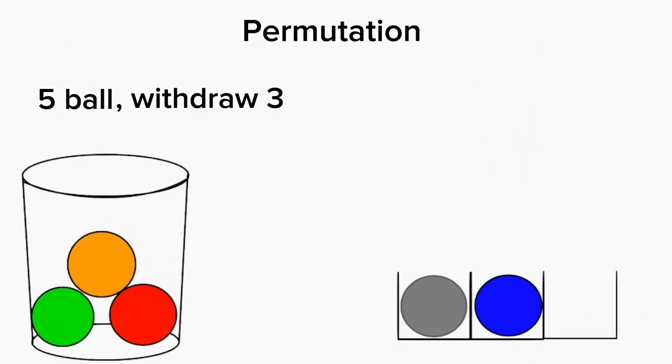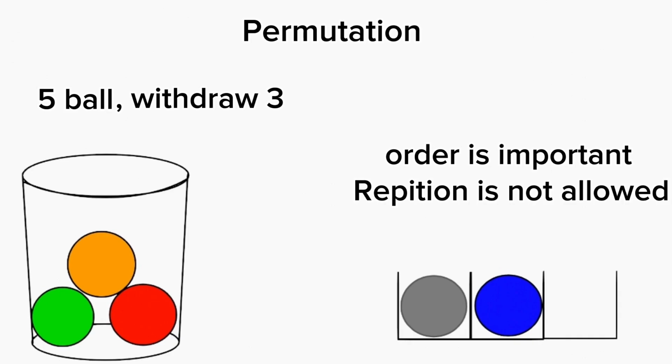In here, if we pull the blue ball first and the gray ball second, it is not the same as if we pull the first ball gray and the second ball blue. So in here, the order is important. And because we pull the ball one by one without returning it back into the basket, repetition is not allowed.